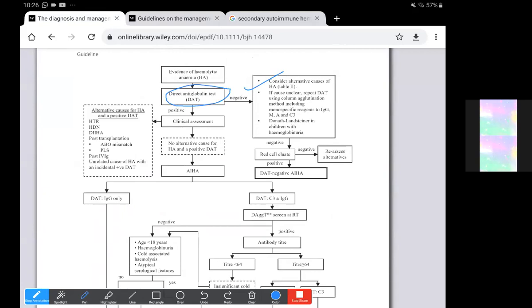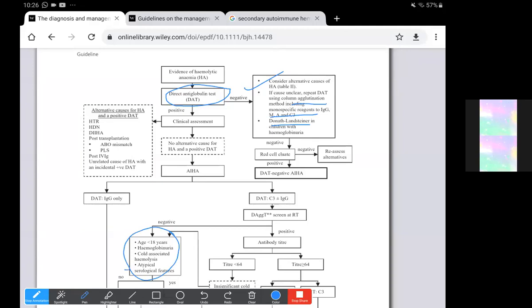So we had to rule that out using column agglutination or monospecific reagents, IgG, IgM, IgA, and C3, or the workup for Donath-Landsteiner antibodies, especially in children with hemoglobinuria, children less than 18 years of age. And these are the typical findings, along with cold-associated features and atypical serological features.